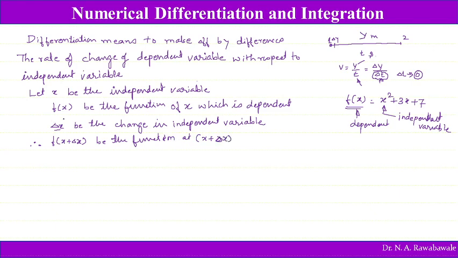If we substitute x as x plus delta x, then the function value changes from f of x to f of x plus delta x. f of x is the initial value of the function and f of x plus delta x is the new value, where x changes from x to x plus delta x, a very minor change.